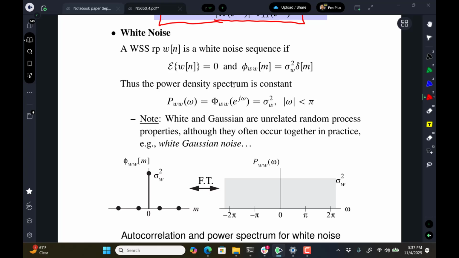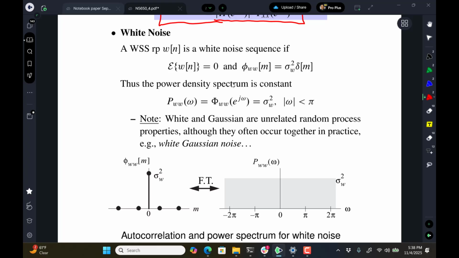Okay, a special type of noise that we bump into and we'll be using in some of the modeling today is white noise. The term white noise is just based on white light. White light contains all frequencies or all colors of light. So if a signal is white noise, it means it has a flat or constant power spectral density.